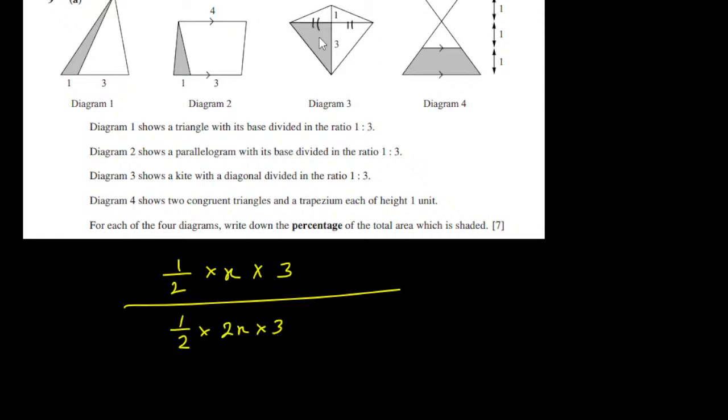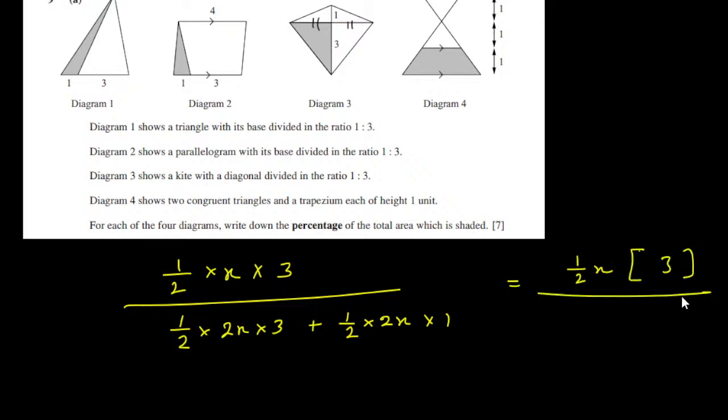This is the triangle at the bottom, and the triangle at the top will be half into base, which is 2x only, into 1. Okay, so half into x I will take common.